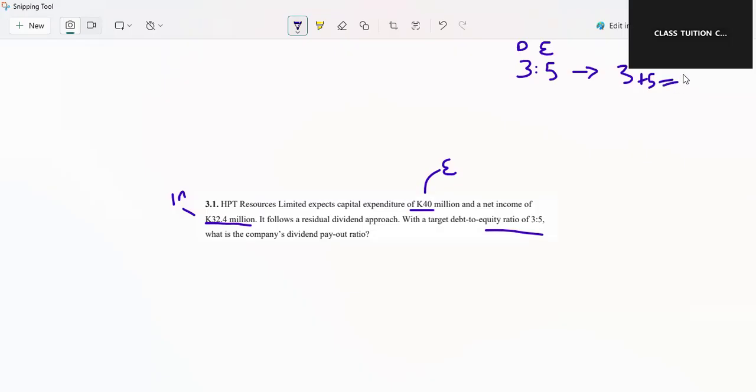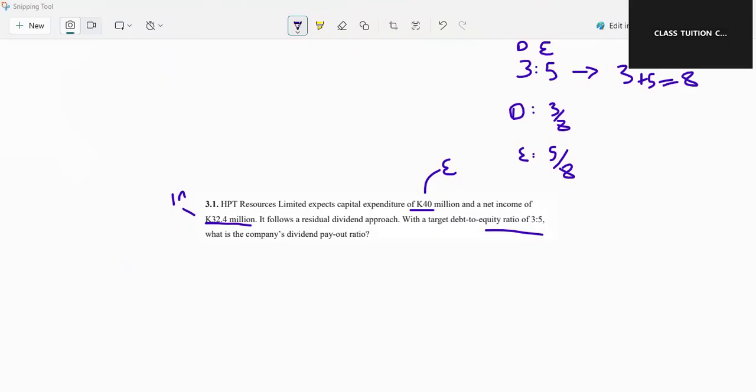Now of this 8, which one is debt? 3 out of 8. And which one is our equity? 5 out of 8. Are we together so far? So the proportion of debt is 3 out of 8 and the proportion of equity is 5 out of 8.